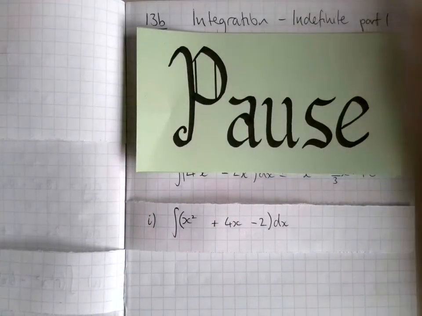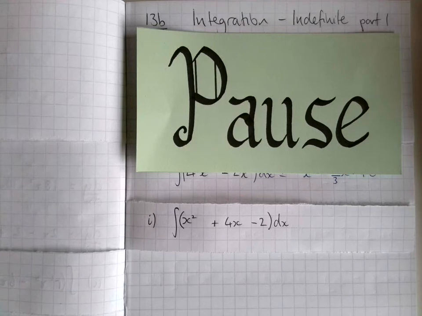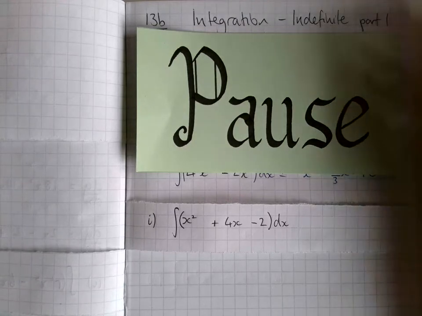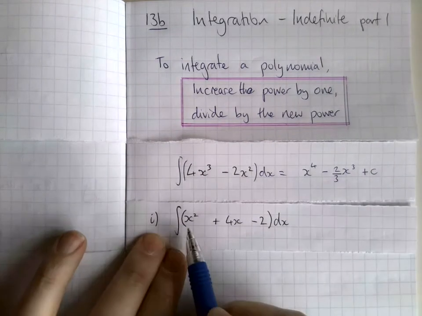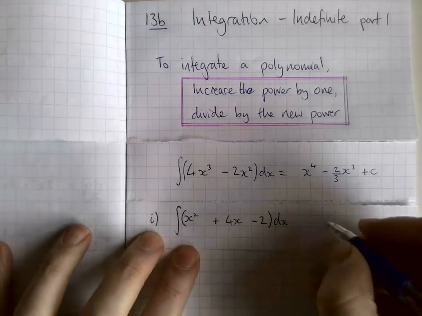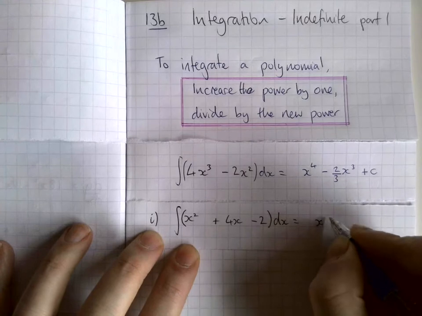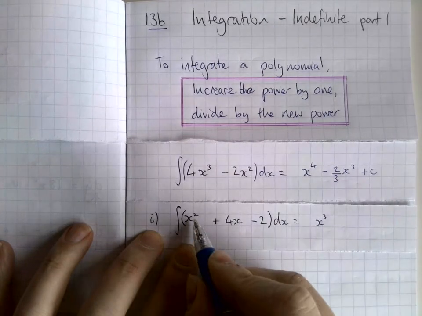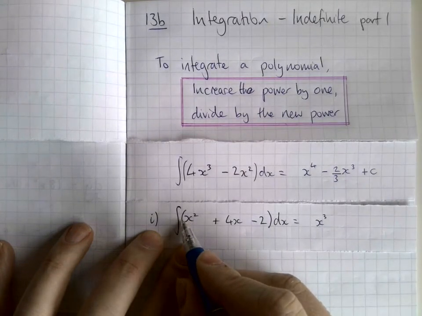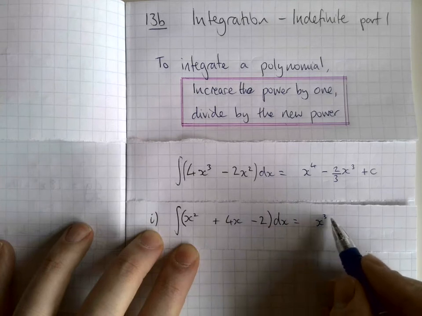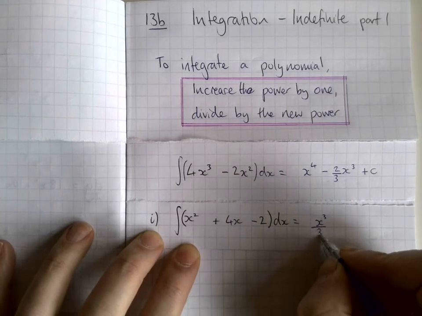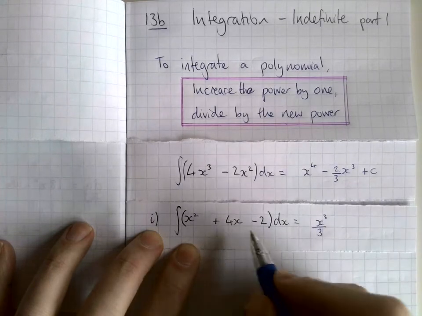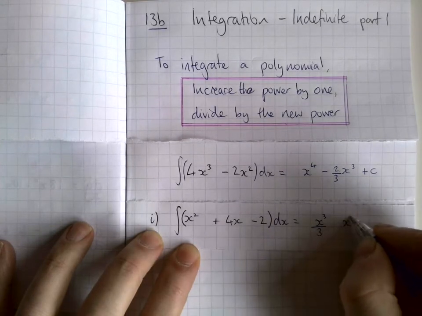Here's our first one. Okay, so increase the power by 1. Divide through by the new power. Well, there's only a 1 of those, so it's 1 divided by 3. So I'm dividing this all by 3. I'm just going to write it like that. This goes to x squared.